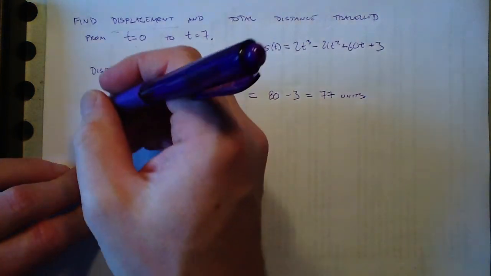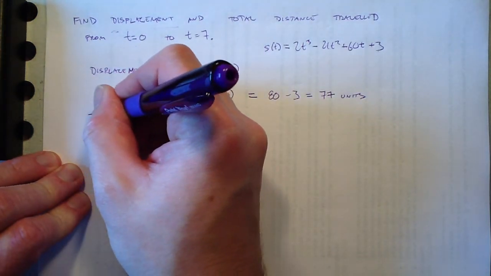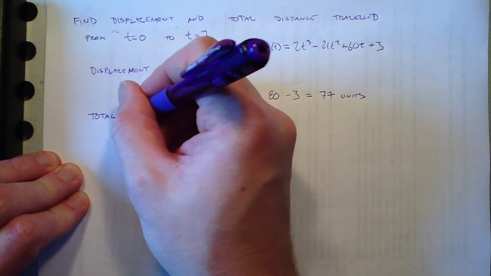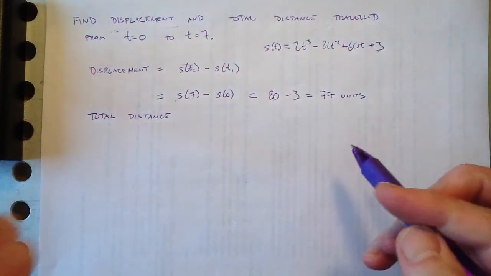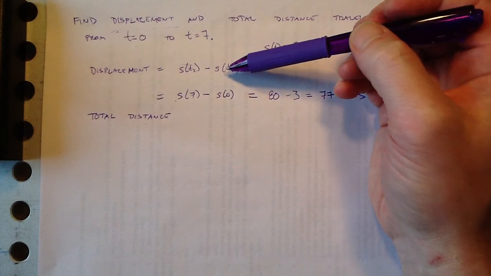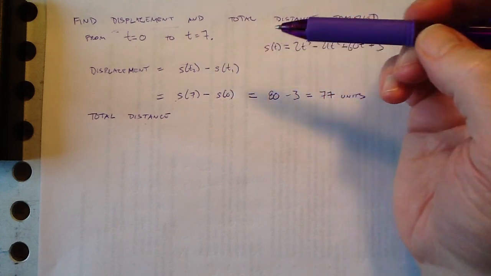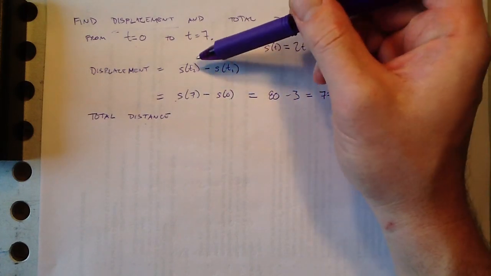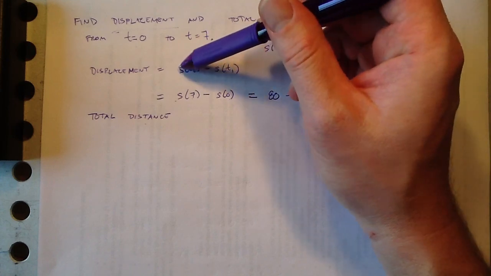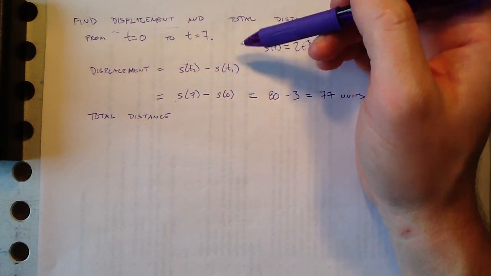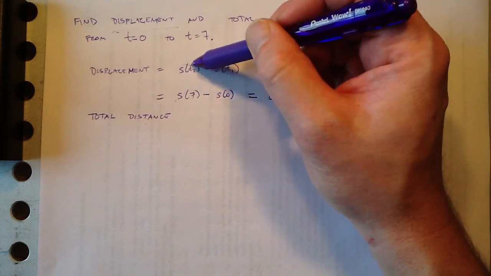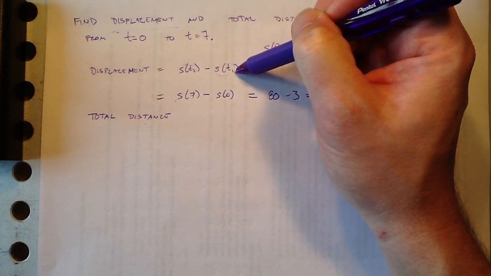And our total distance is a little bit trickier because if you live, let's say, I live about 15 miles away from the high school, so my displacement from the beginning of the day to the end of the day is 0 because my position is at home and at home, right?